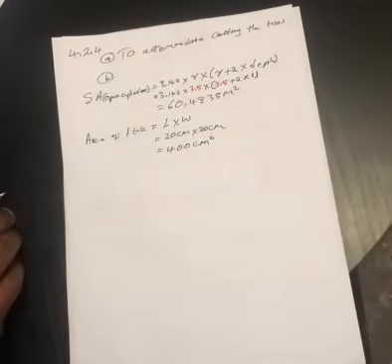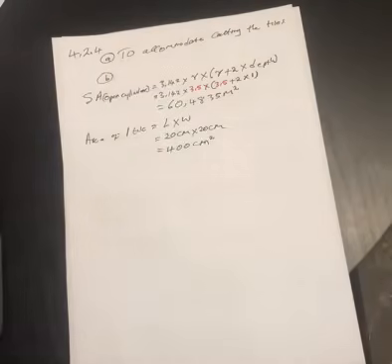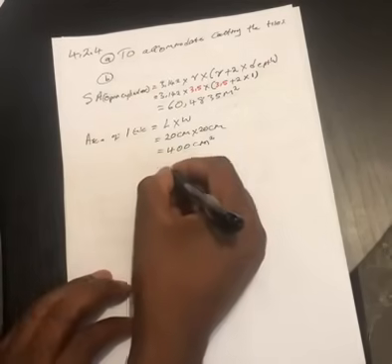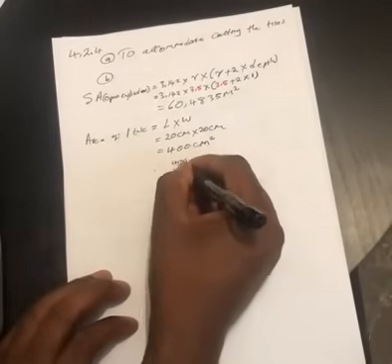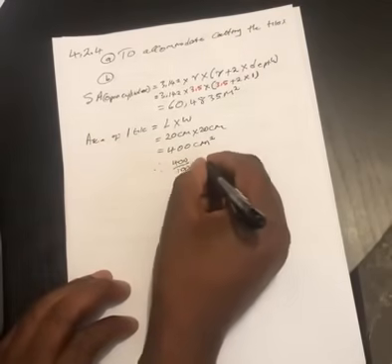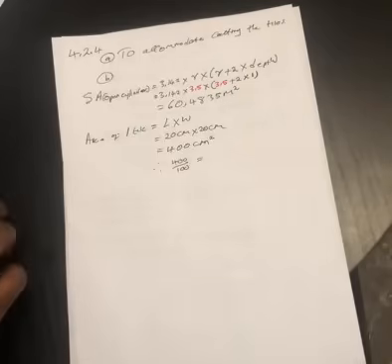For you to be able to have simple calculations, make sure that you convert to the same units. And we know that converting from centimeters to meters, we divide by 100.